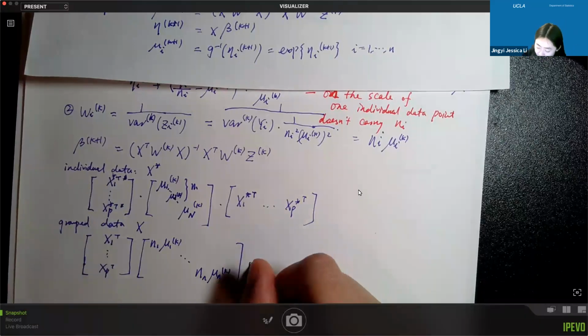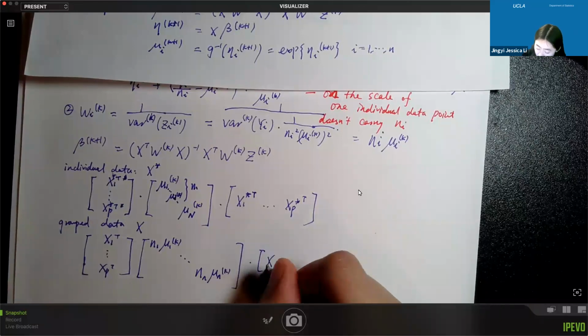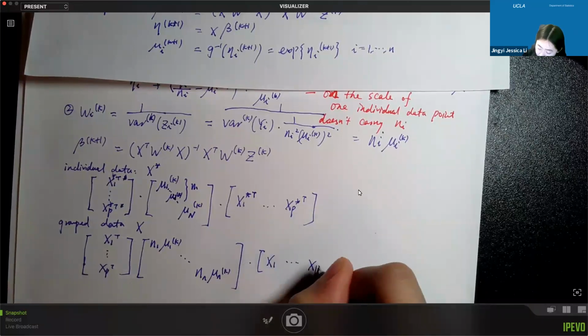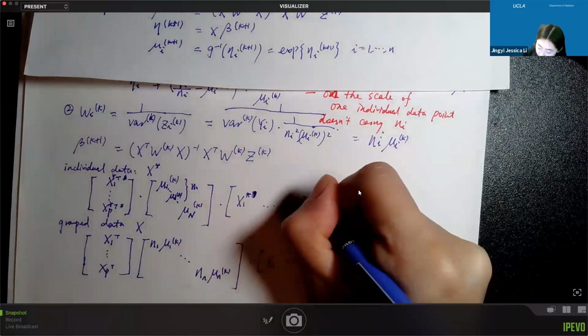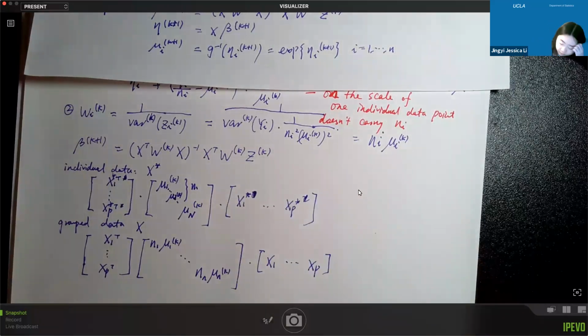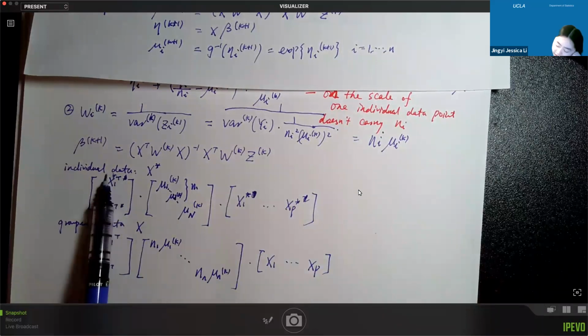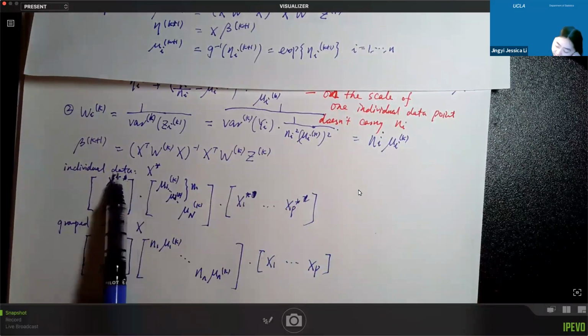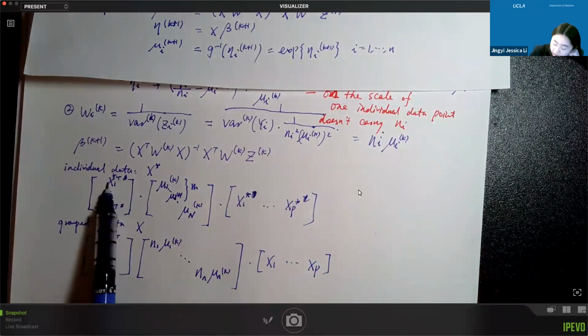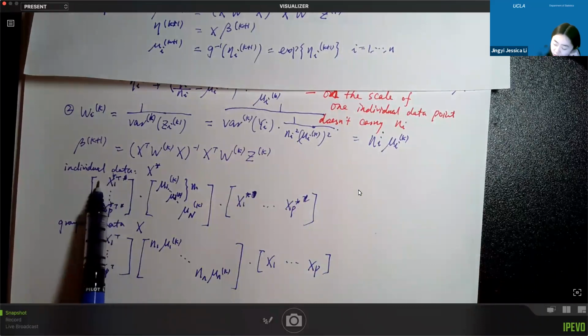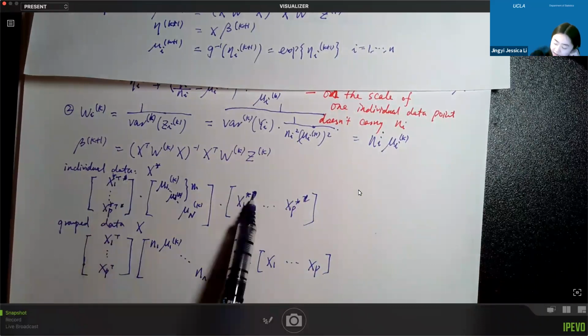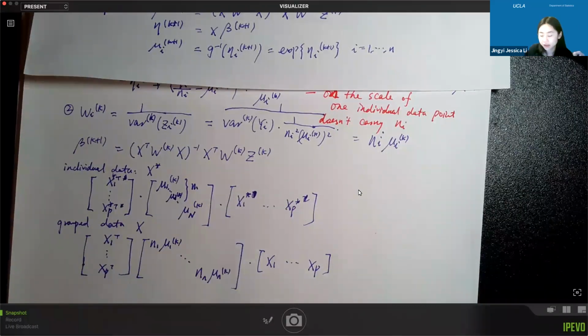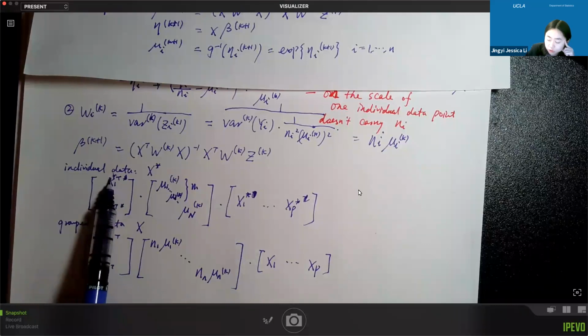So the right matrix is X1 to XP. Okay, so then you can see what? By this matrix multiplication, you can see that essentially I'm going to have the X1 star transpose times X1 star. So I'm going to have the squares. For each term here, I am going to square it and then take the sum.